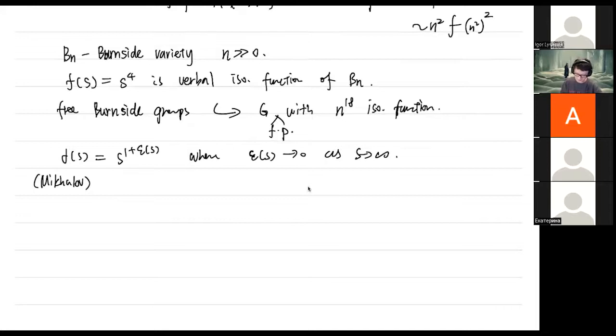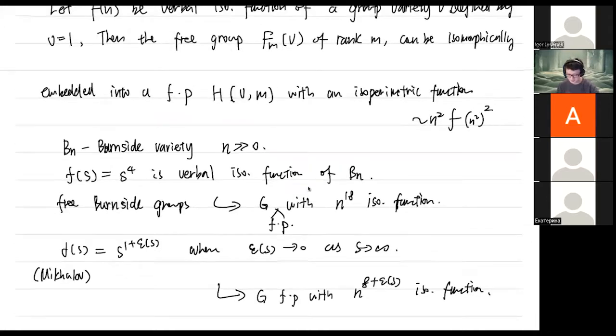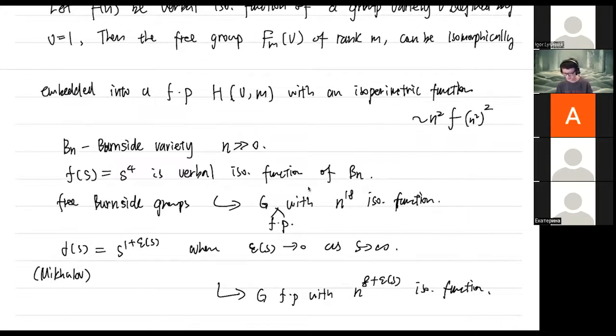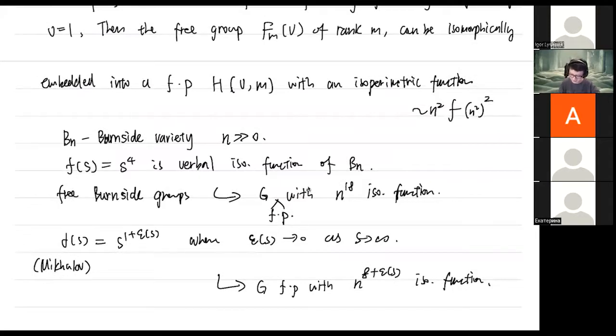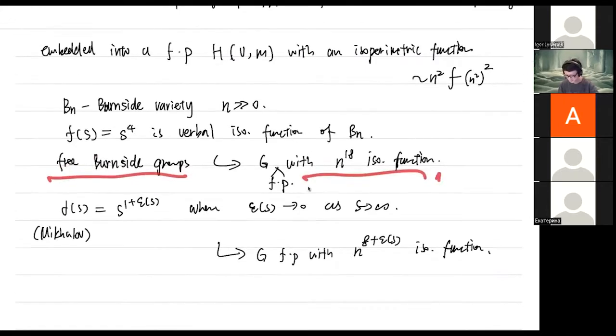So you can embed, with the same embedding theorem, into a finitely presented group with an isoparametric function of n to the 8 plus epsilon of s. Okay, that's a very nice example, because on one side you have a very torsion group inside this.